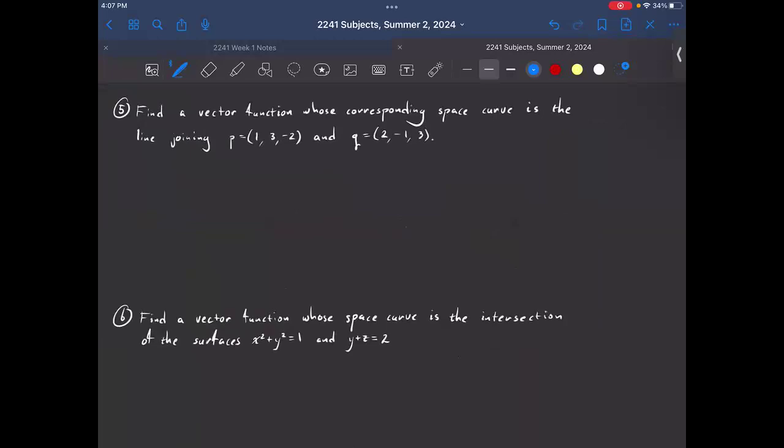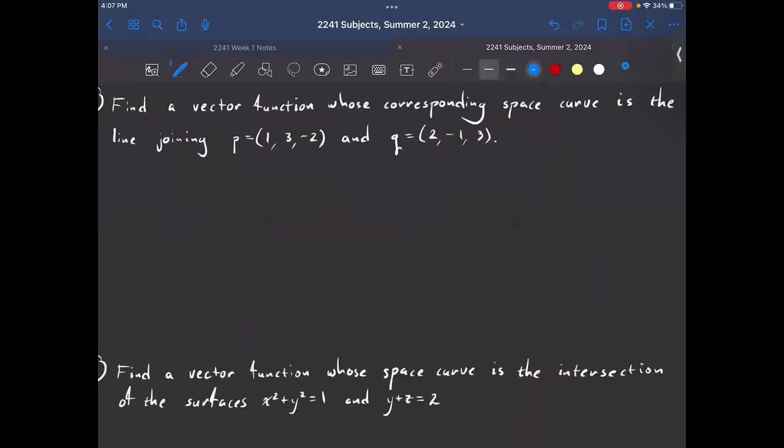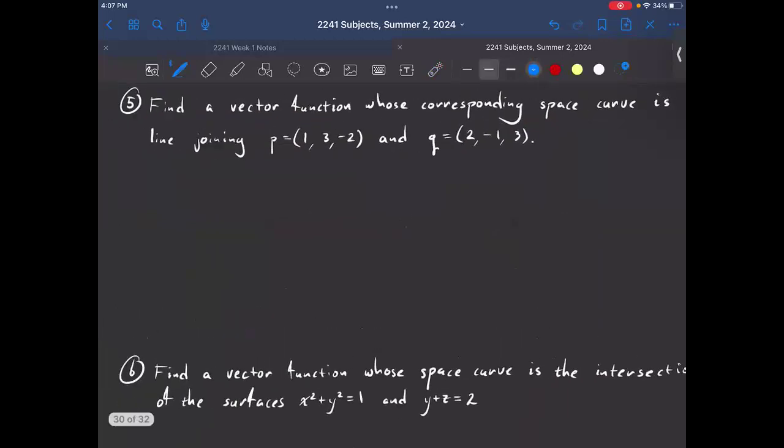All right, find a vector function whose corresponding space curve is the line joining these 2 points. Okay, well, we've actually already done this, again, in the lines and planes section. So if you remember, we have various forms of a line in 3D space.